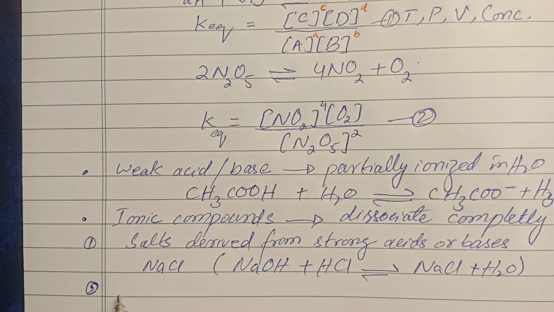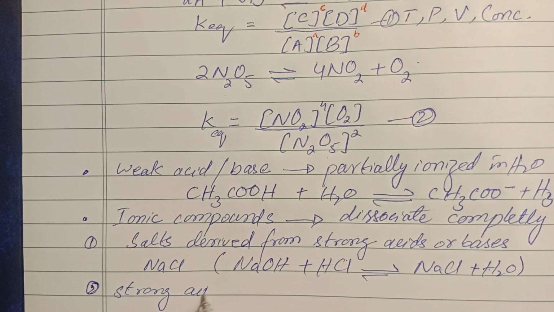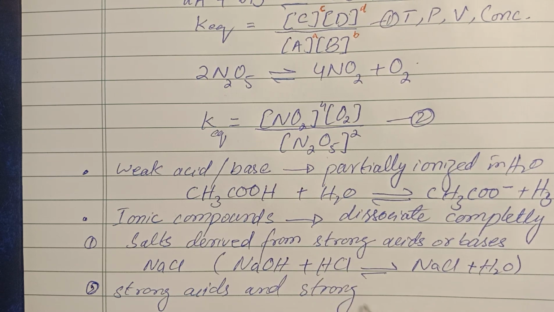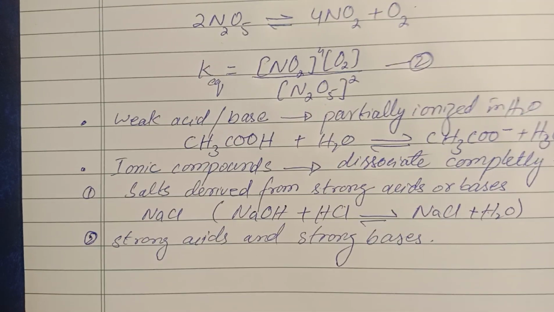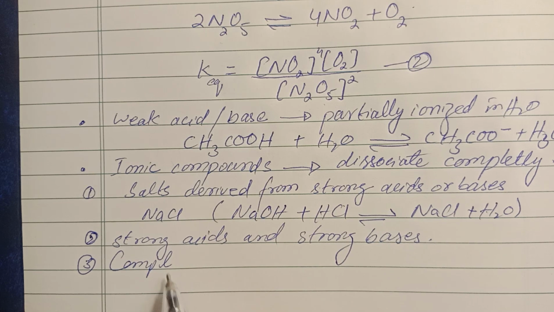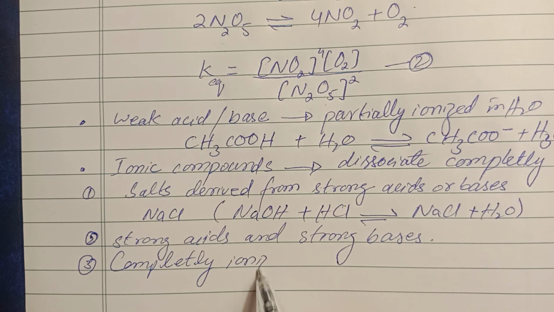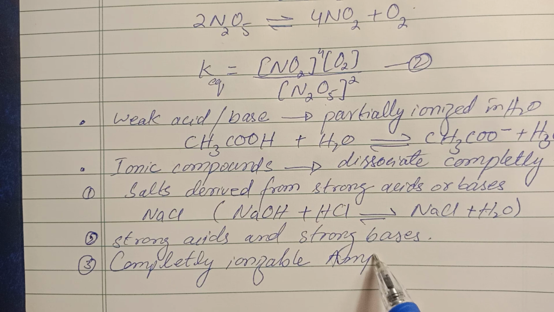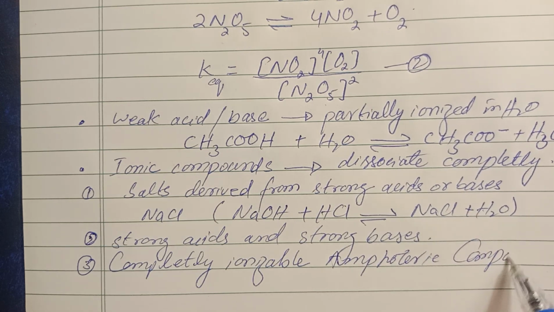The other type is strong acids and strong bases. The third type is completely ionizable amphoteric compounds.